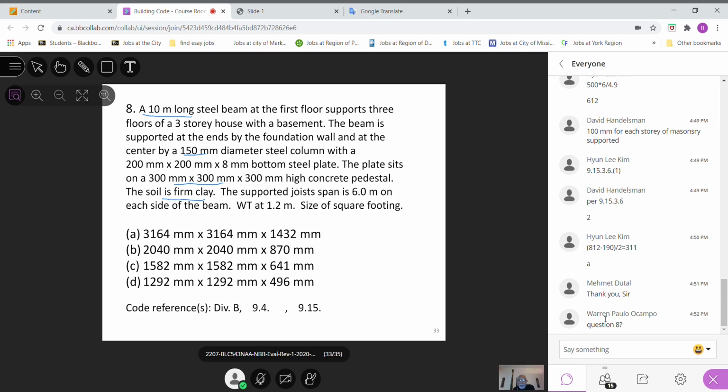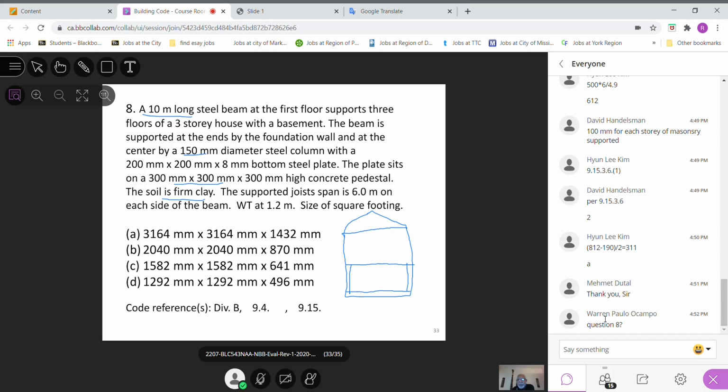Okay, so I have a house here. Now I have a foundation wall.